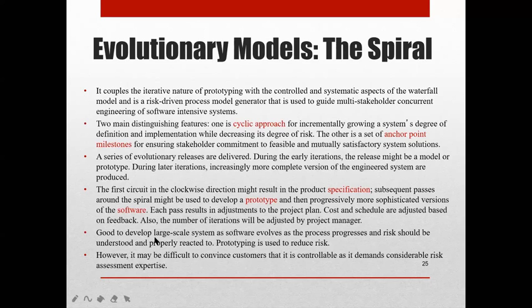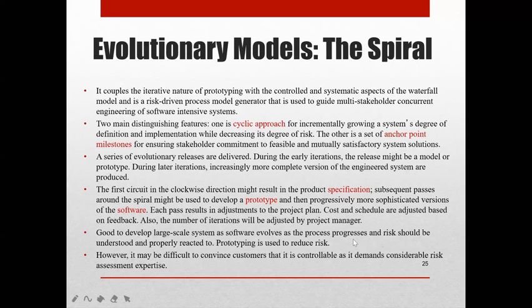This is also helpful for large scale systems. If you do this on a large scale system, then the software will evolve and the process will progress. And risk should be understood and properly reacted to.